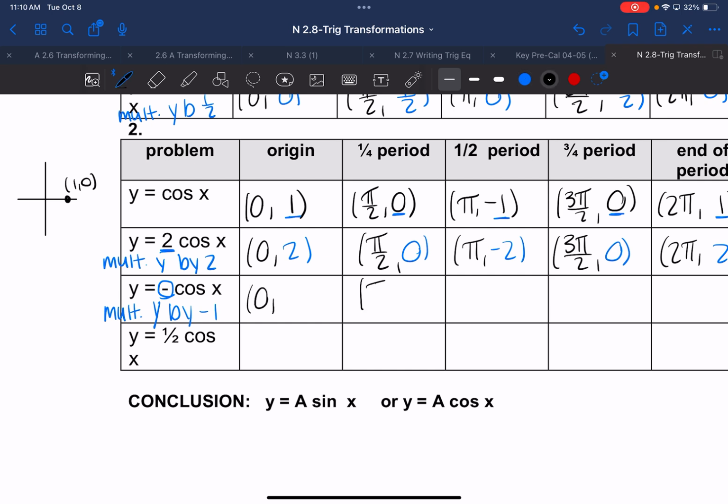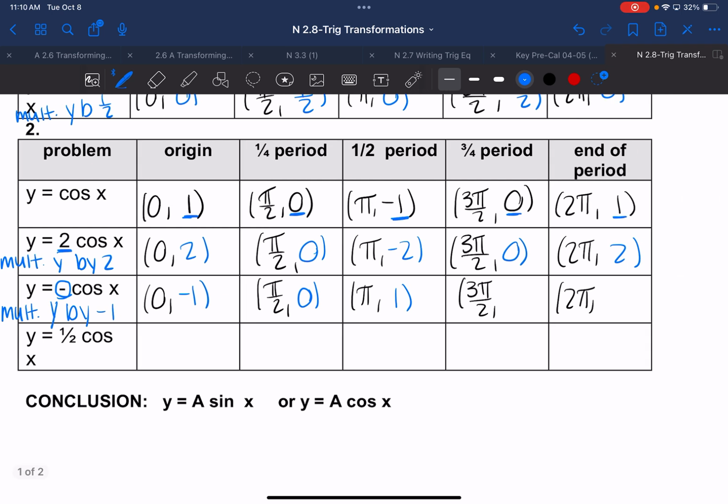I've still got 0, pi halves, pi, 3 pi halves, and 2 pi. I'm going to go back to the original. So I got 1 times negative 1, that would be negative 1. I got 0 times negative 1, which would be 0. Negative 1 times negative 1 is positive 1. And then 0 times negative 1 is 0, and 1 times negative 1 is negative 1.